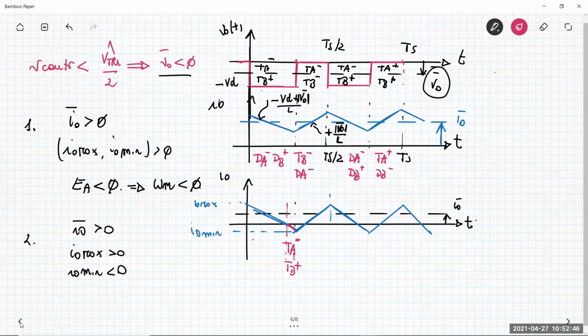Okay, when the current is positive, you have TA minus and TB plus, etc. for all the other part, because it's something that we already know. Let me just consider the case indicated by Antonio Moles, TA plus and TB plus.